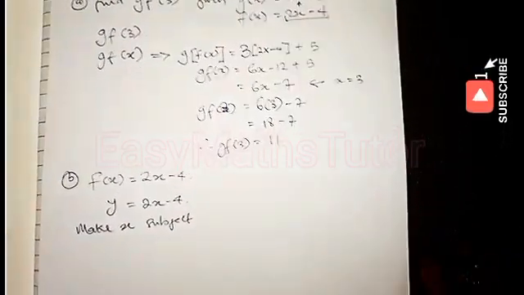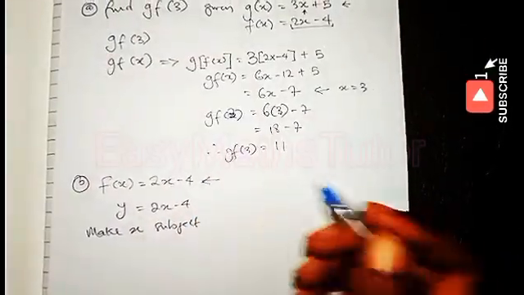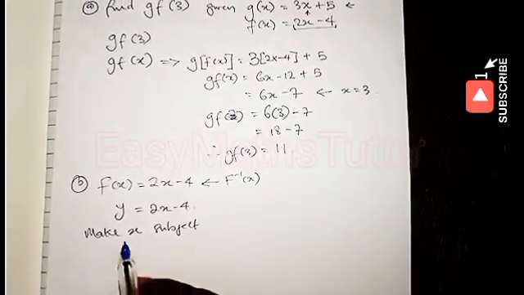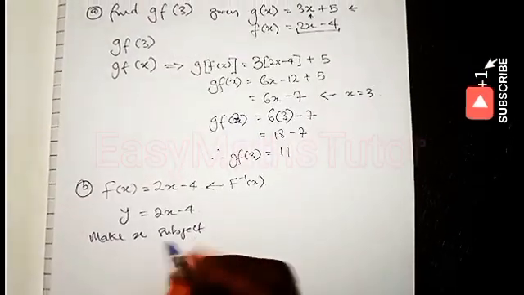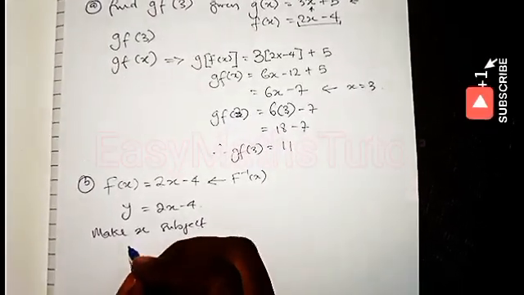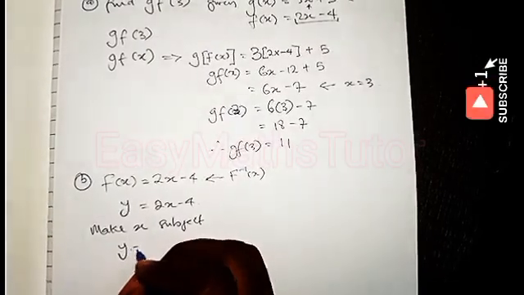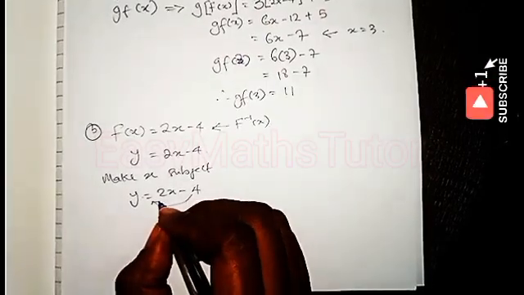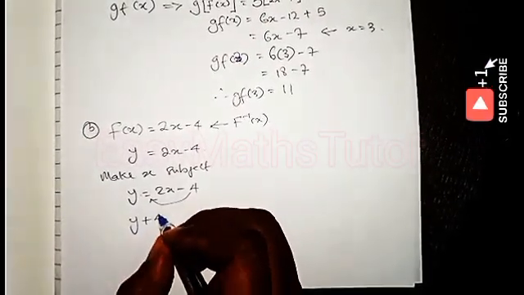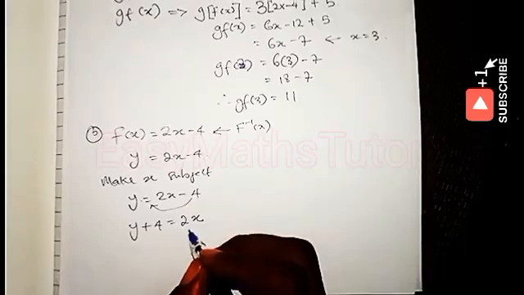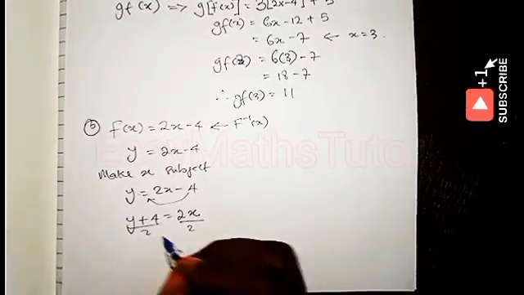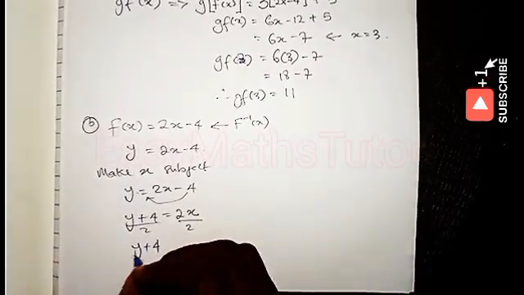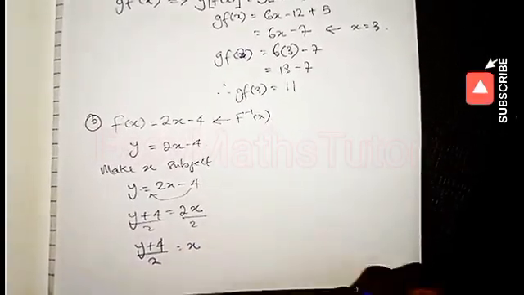Now we're trying to convert this function f of x to its inverse, and that is the process. First of all, you make x the subject. We'll move 4 to this side, so that will give us y plus 4 equal to 2x. And then we'll divide both sides by 2 because we need to isolate x. So that will give us y plus 4 over 2 equal to x.